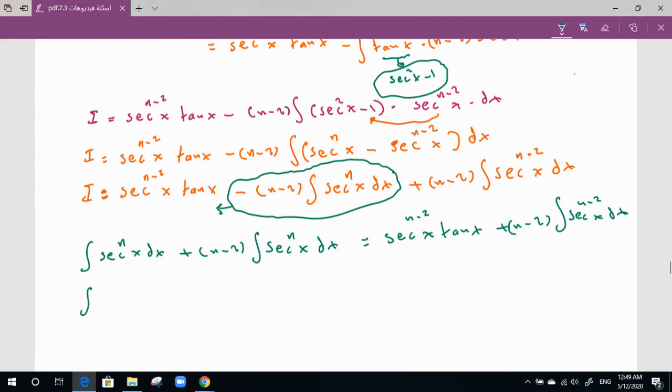If I take the integral of secant n x dx as a common factor, I will have 1 plus n minus 2 equal to the right side.